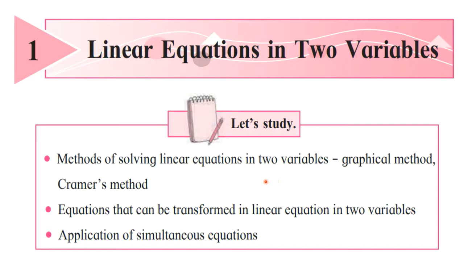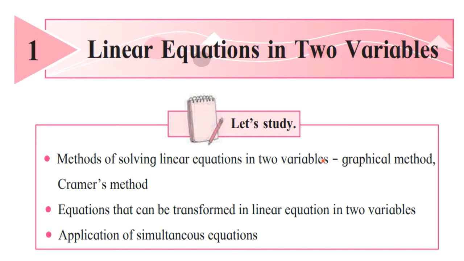These methods are again there in this chapter, and practice set 1.1 is based on them. But out of that, elimination method and substitution method are now under reduced syllabus. They will not be asked. But the method to solve the particular type of equations is there, so we will see that again.